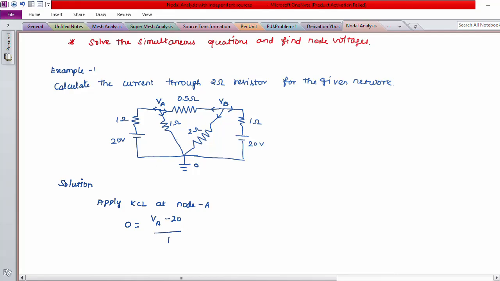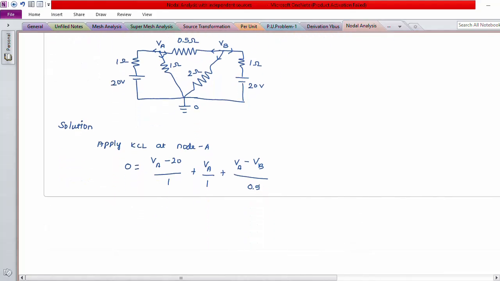Because the given voltage source is opposite to the assumed current direction. So we write (VA minus 20) divided by 1 plus VA divided by 1 plus (VA minus VB) divided by 0.5.